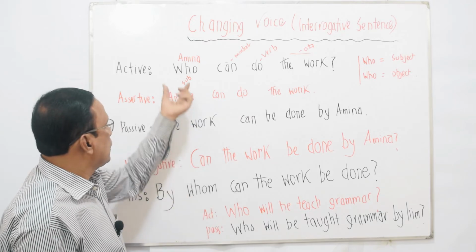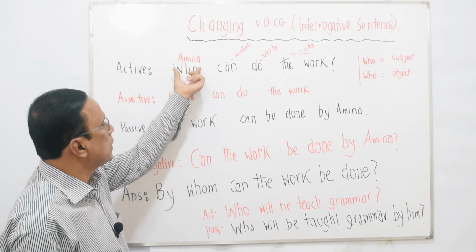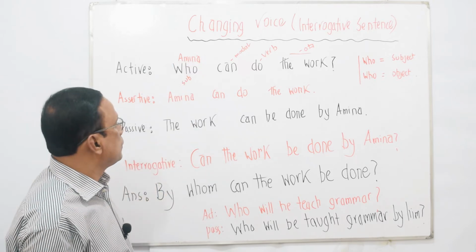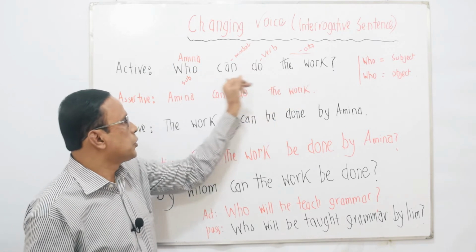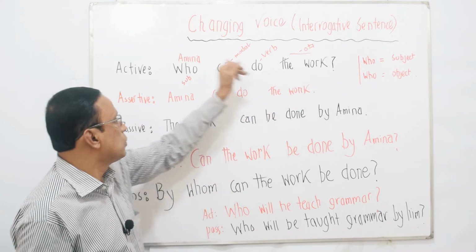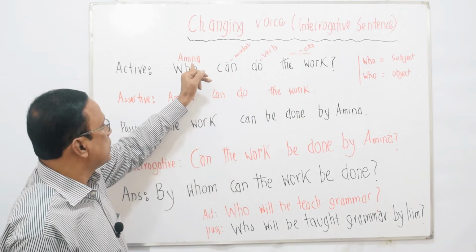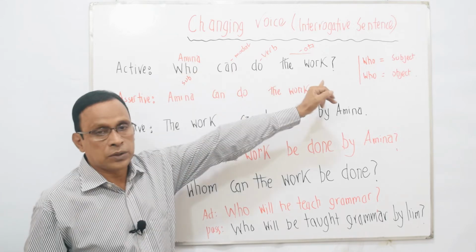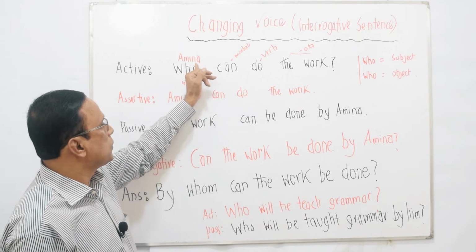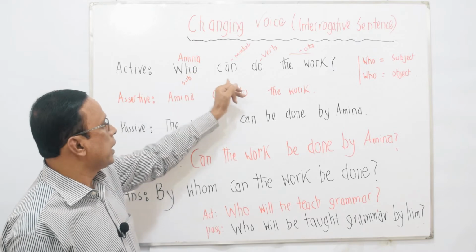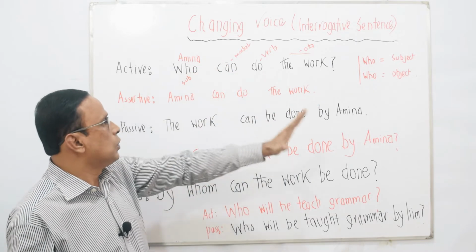In the place of this word who, you just imagine the noun Amina. Then add the rest of the sentence with the word Amina. We can read it like this: Amina can do the work.